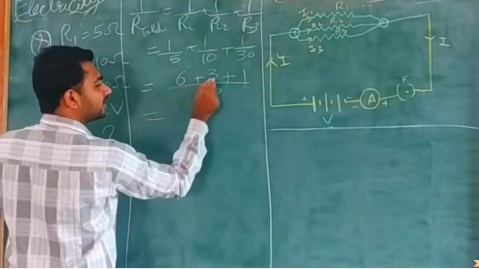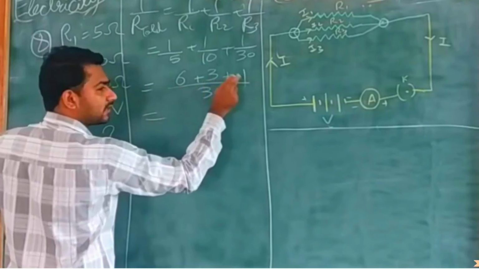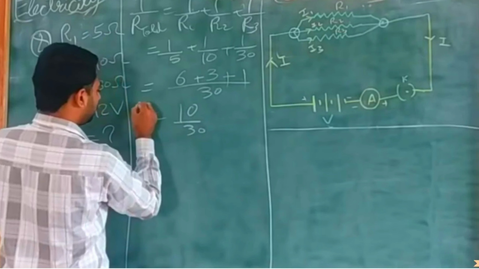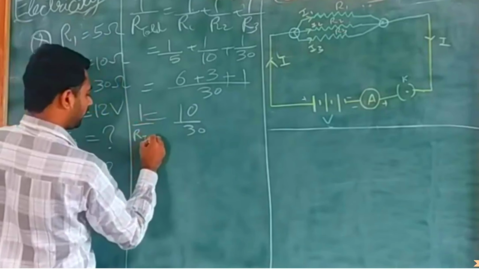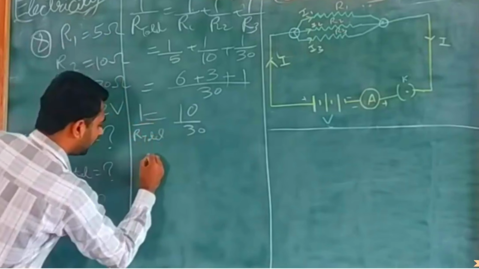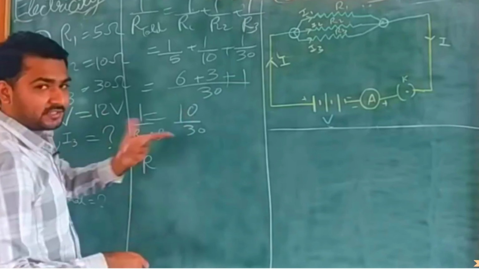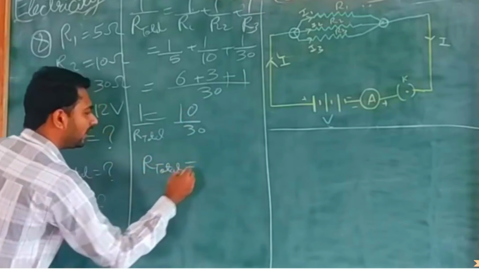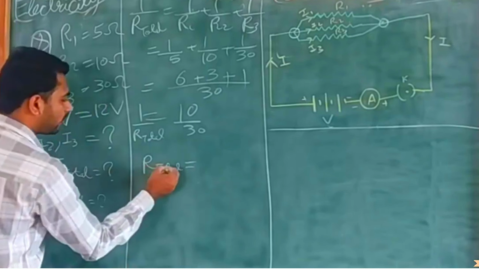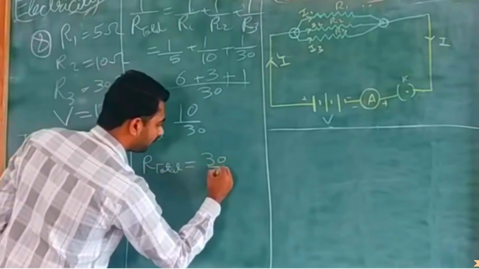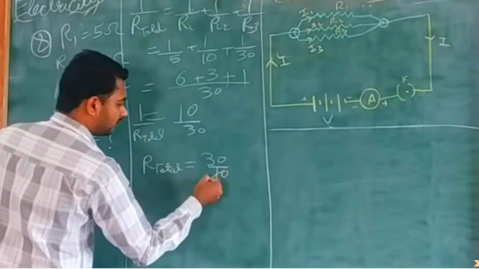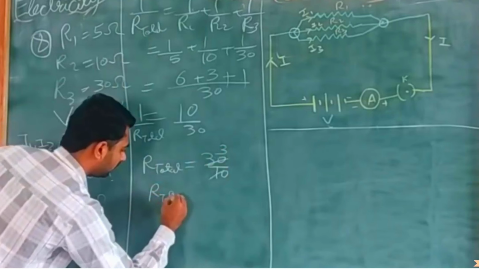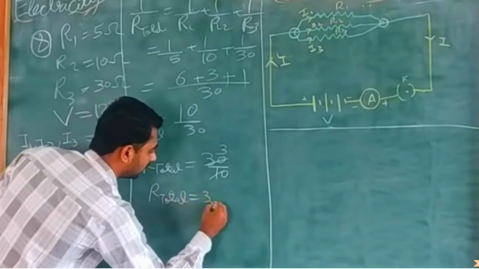So 6 plus 3 that means 9, 9 plus 1 that means 10, divided by 30. So this is my 1 upon R total. Reciprocal कर दूंगा मैं इसको. That means reciprocating on both sides, R total is equal to 30 by 10. Clear? 10 3s are 30. So R total is equal to 3 ohm.